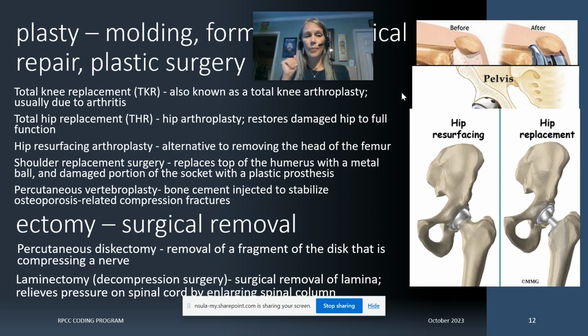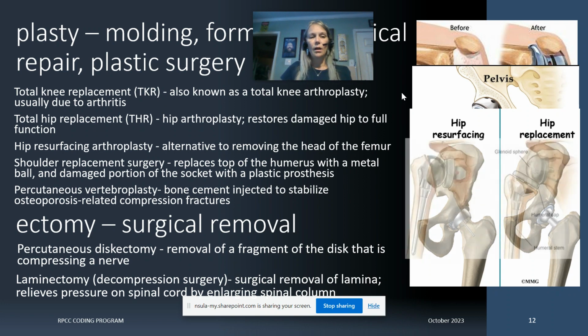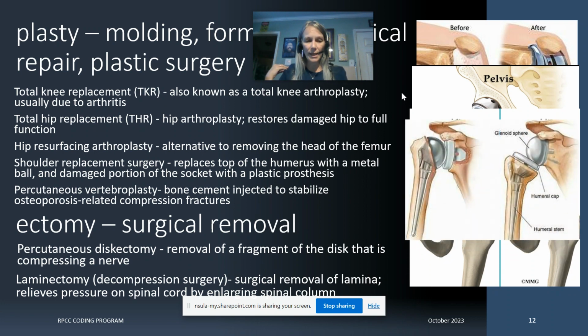Sometimes they'll do a hip resurfacing arthroplasty. So see how it's not metal on both sides, but that metal kind of fits into the bone in the hip resurfacing versus the hip replacement. Shoulder replacement surgery replaces the top part of the humerus with a metal ball, and the damaged portion of the socket with a plastic prosthesis, which is what's going on in that first picture there.